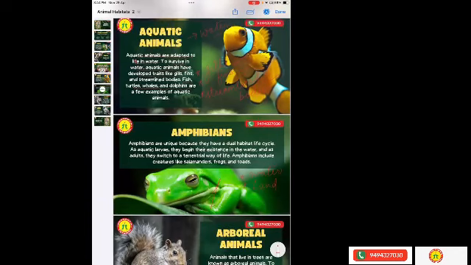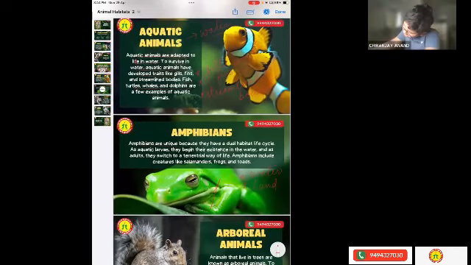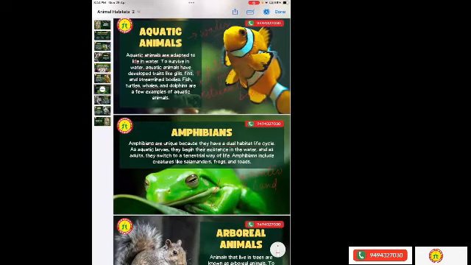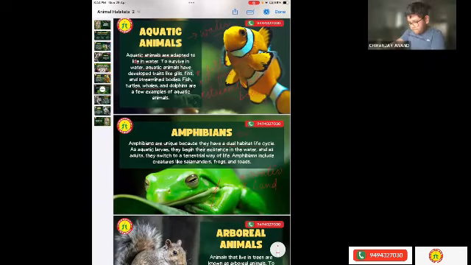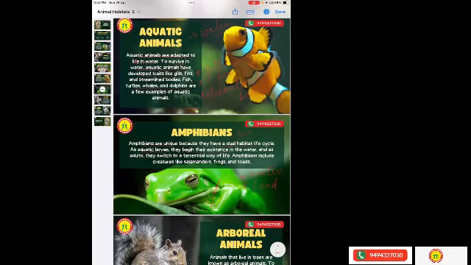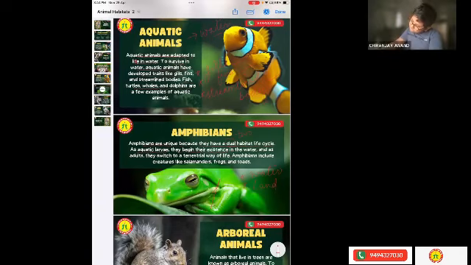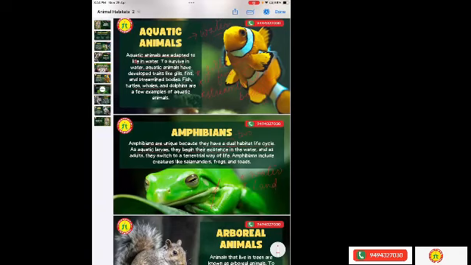So amphibians are unique because they have a dual habitat life cycle. Dual means two. So they have two kinds of habitat. As aquatic larvae, they begin their existence in the water. So initially, when they start growing, when they are larvae, they will be in the water, taking oxygen from the water.